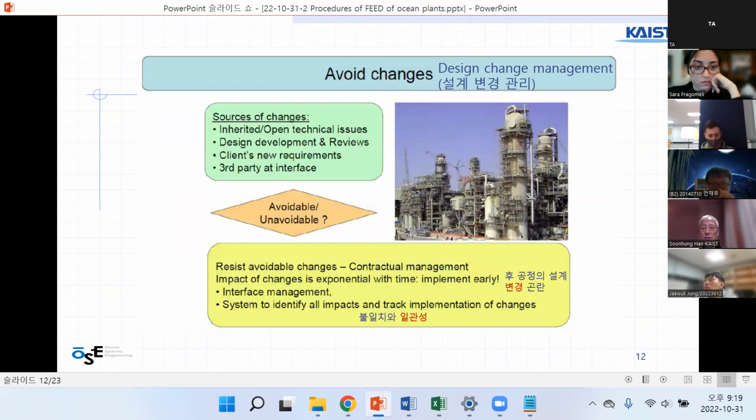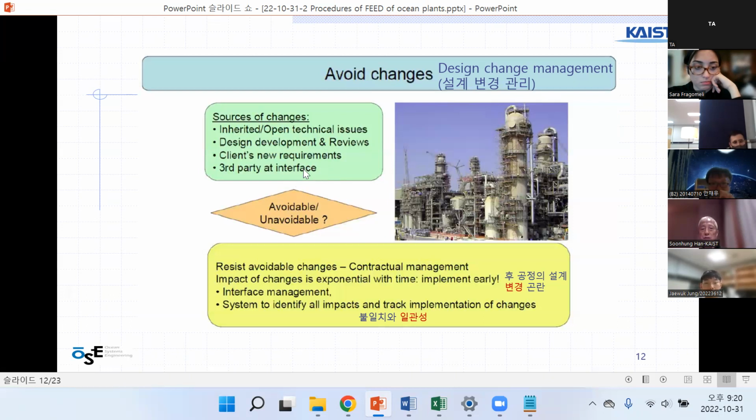So change management is also complex and important. Sources of changes are things like technical issues and reviews, and the client changing their mind. Also third parties, meaning vendors who provide equipment, have different models and interfaces.